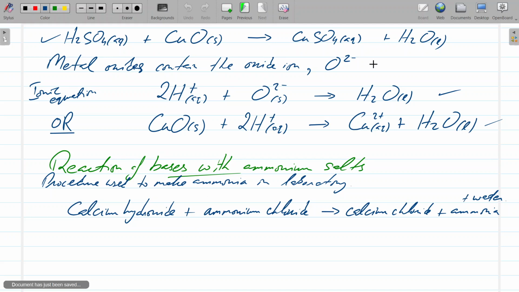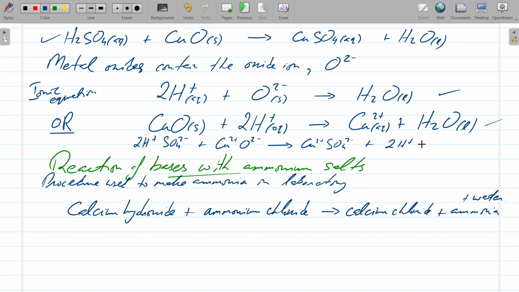I mean, you could write it like this: 2H+, SO4 2-, plus Cu2+ O2-, giving you Cu2+ SO4 2- plus 2H+ O2-.